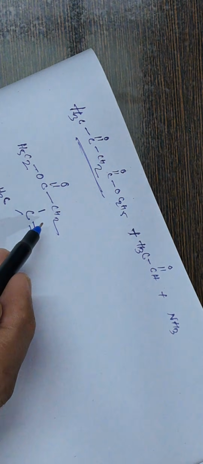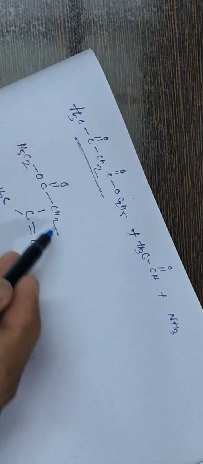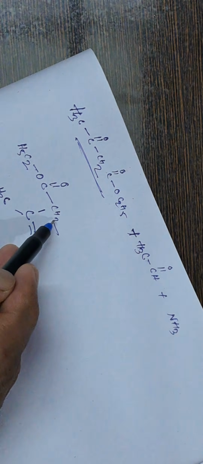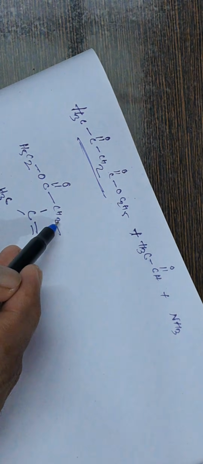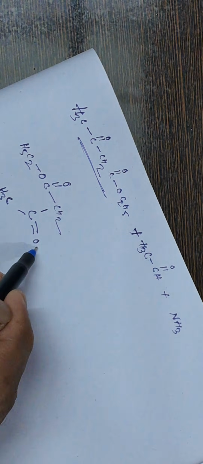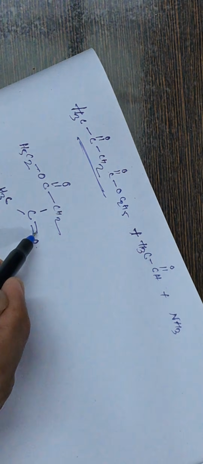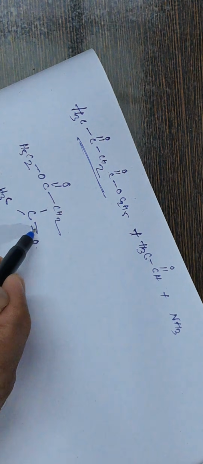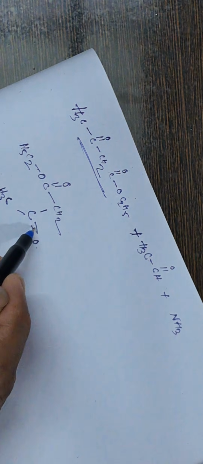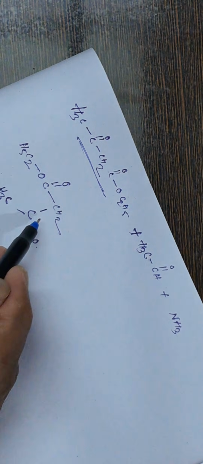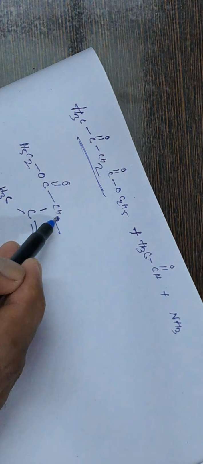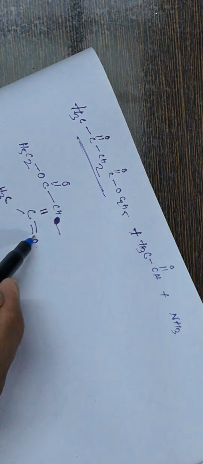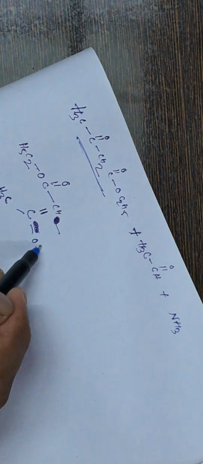In that process it takes one hydrogen from its neighbor, and this hydrogen is inserted over here, and the double bond gets broken, or rather shifts its position from here to here. So this can acquire this kind of form, and finally we can get it like this, right?